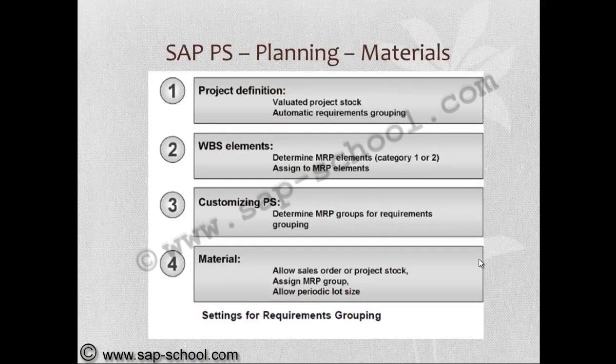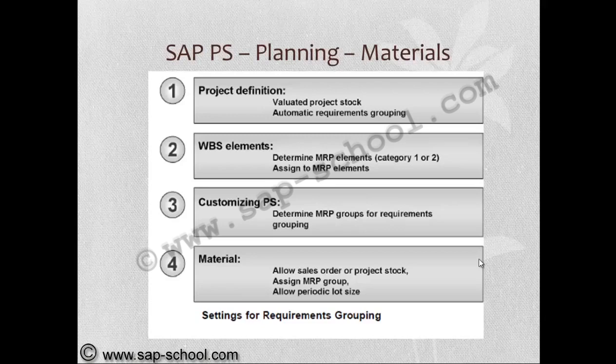So if you see the settings for requirements grouping, starting from project definition, we have to use the evaluated project stock indicator and automatic requirements grouping. In the WBS elements, determine MRP elements, either category 1 or 2, and assign them to MRP elements.